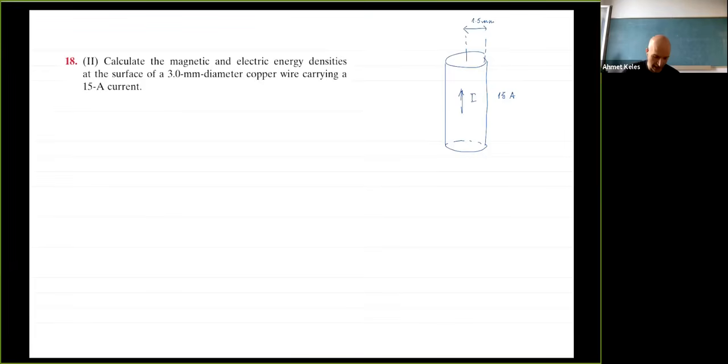So I remind you, magnetic energy density is 1 over 2 mu0 B squared, and electric field energy density is 1 over 2 epsilon 0 E squared. I need to find E and B. So for B, I choose again an Amperian loop right on the surface.